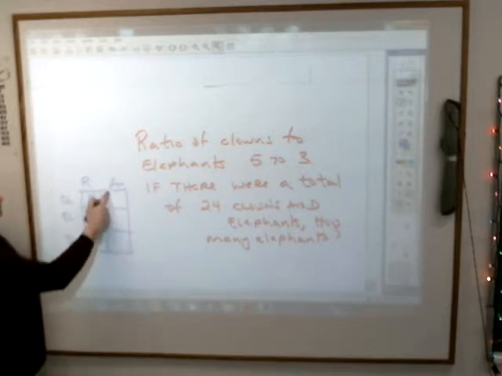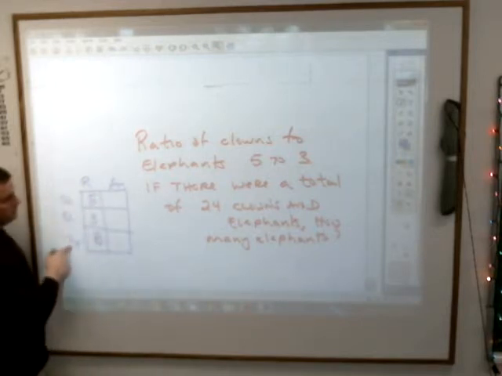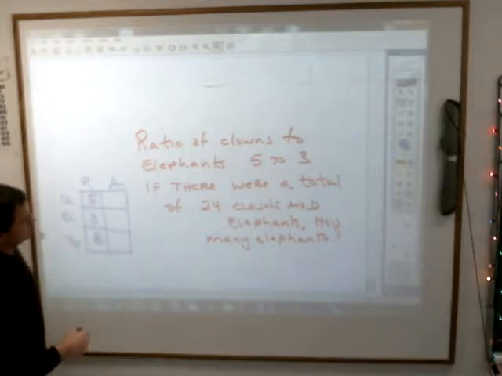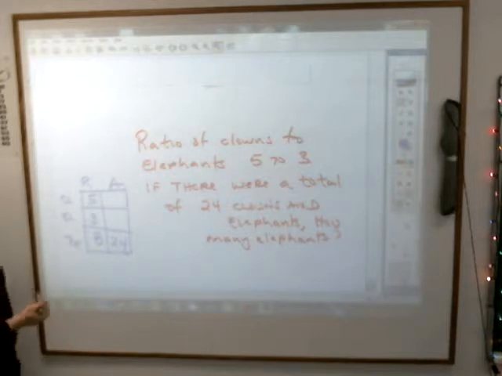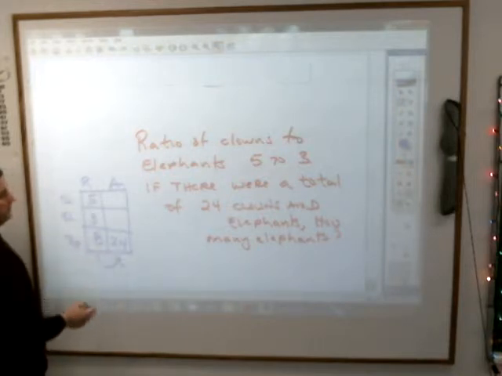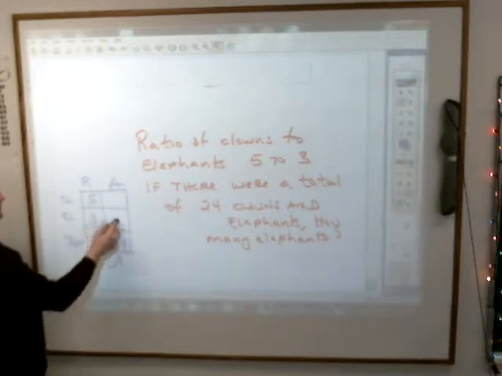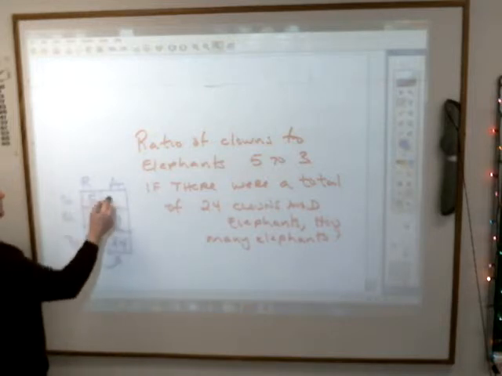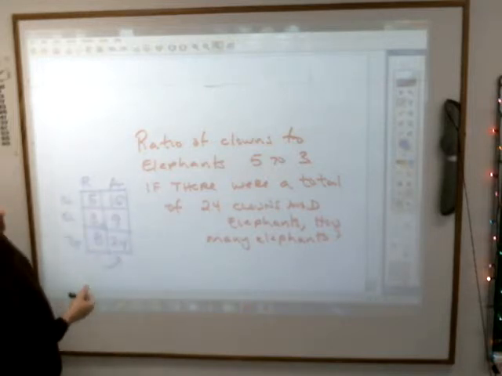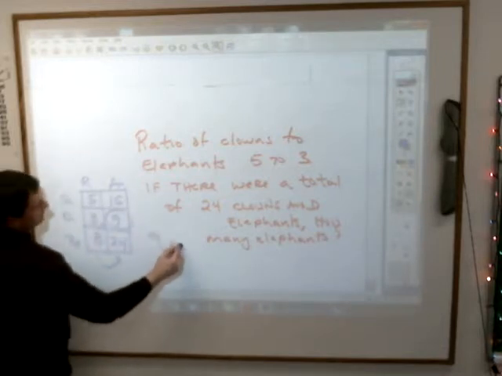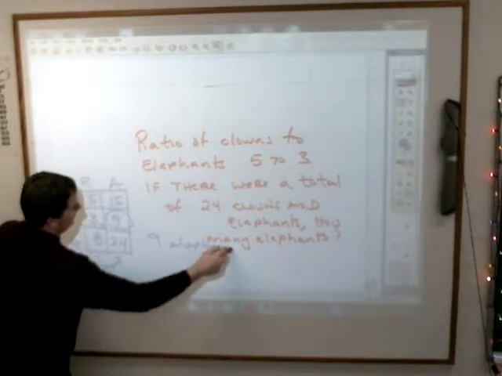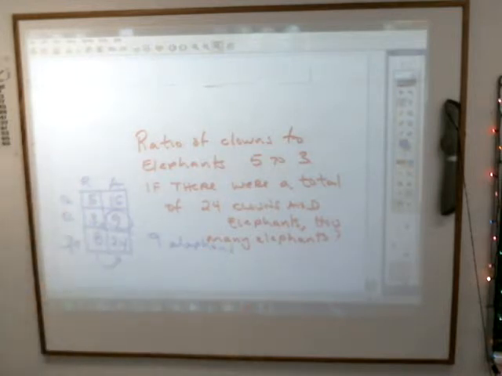Which of these 3 do I know? 24 total clowns and elephants. So the ratio is completed by multiplying everything by 3. If you wanted elephants, you'd get 9, 3 times 3. If you wanted clowns, you'd get 15, 5 times 3. They wanted elephants, so there were 9 elephants. It's just a matter of adding an extra box that you can add up and total up as you go. It's really not a hard thing.